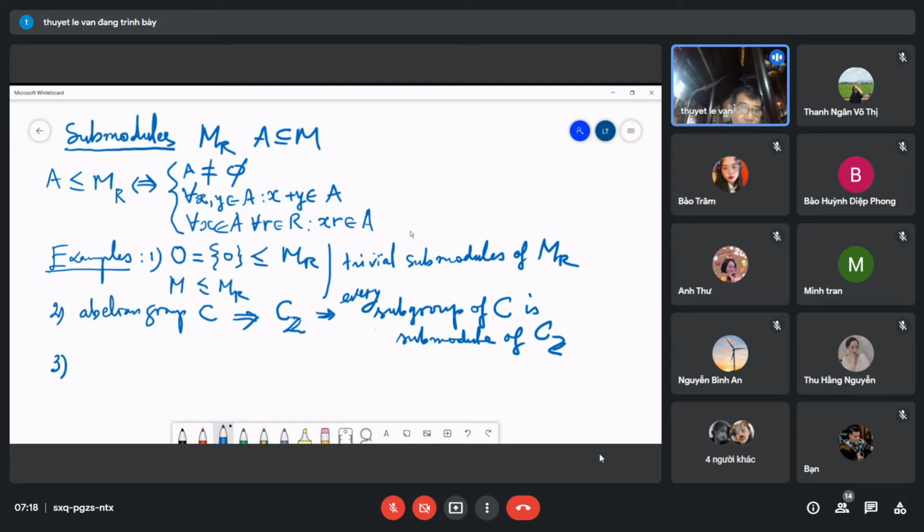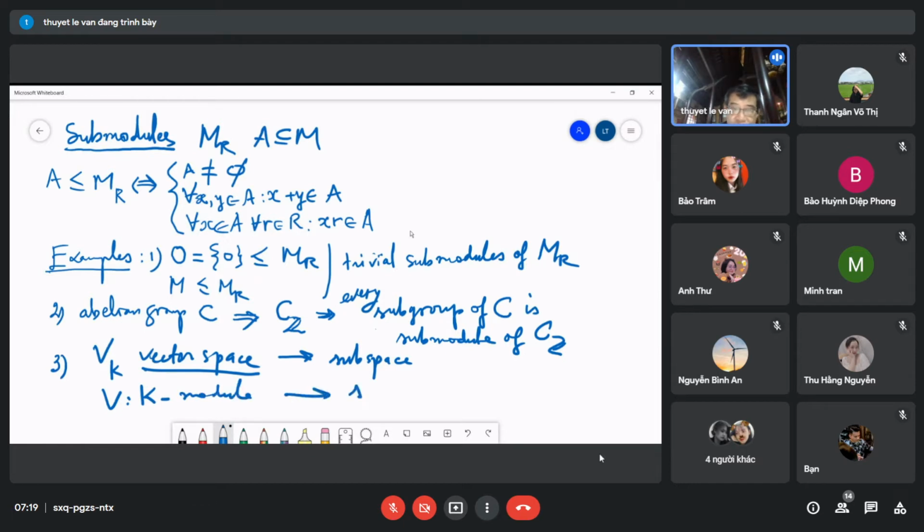So for the vector space V over K, if you have the subspace, in linear algebra you already studied about the subspace, but now you consider V as a K module, and then you will receive the submodule.